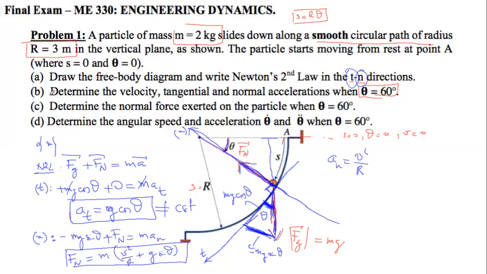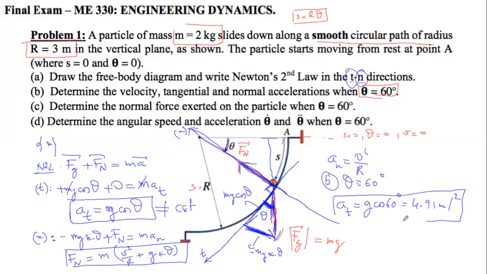Now question B, determine the velocity, the tangential and normal acceleration when theta is equal to 60 degrees. Now theta is equal to 60 degrees. So a tangential will be g cosine 60 degrees. You can calculate this. It will give you 4.91 meters per second squared.